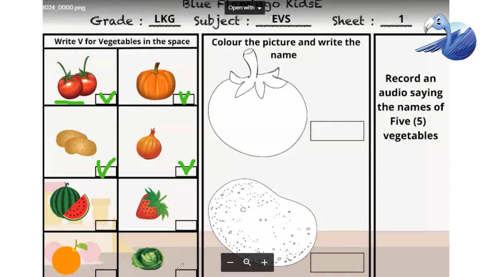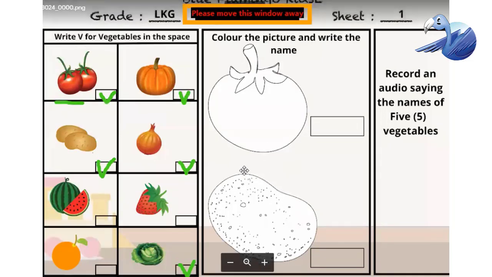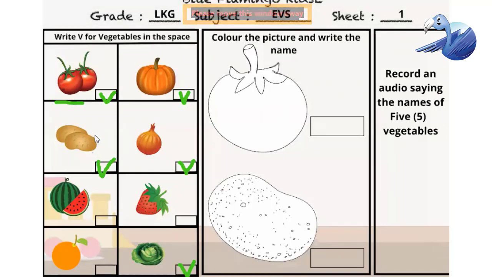The next is cabbage. Cabbage is a vegetable? Yes, so we have to write V here. Like this only, students, you have to identify the vegetables and write V for vegetables in the space.